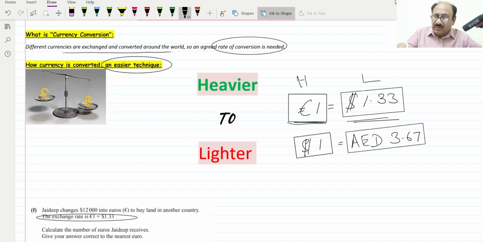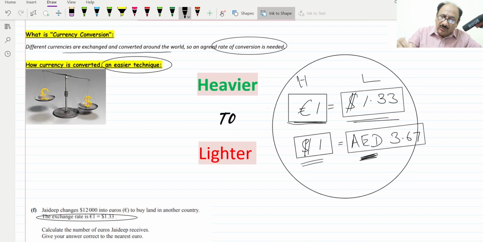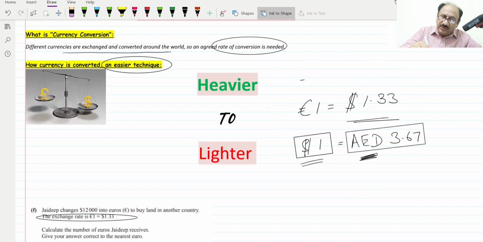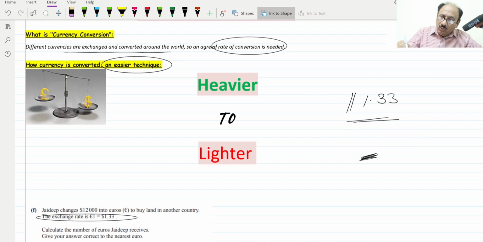So it means that the dirham is the lighter currency and the dollar is the heavier currency. So this point you will have to keep in mind in conversion, that if you are converting from heavier to lighter, you should get more than whatever you have in your hand.